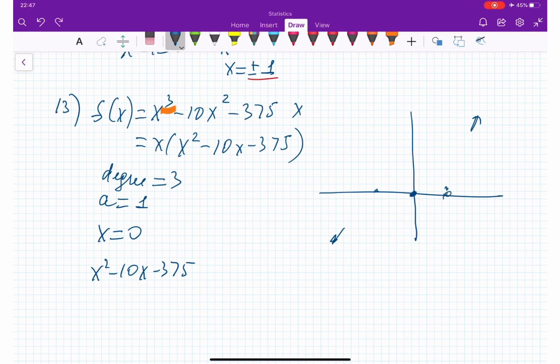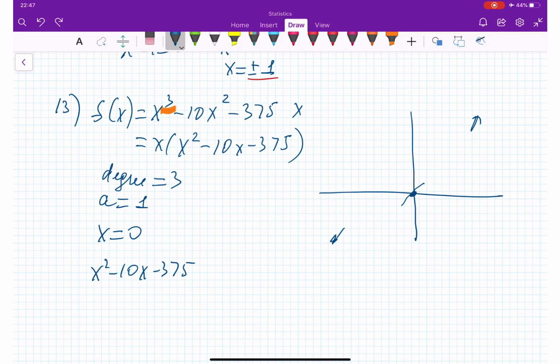Another 2 x's. So to avoid going through all this calculation, see how I'm thinking. So if it goes like this, that means it's going to cross this one. No, I guess we have to solve it. Okay, let me calculate.